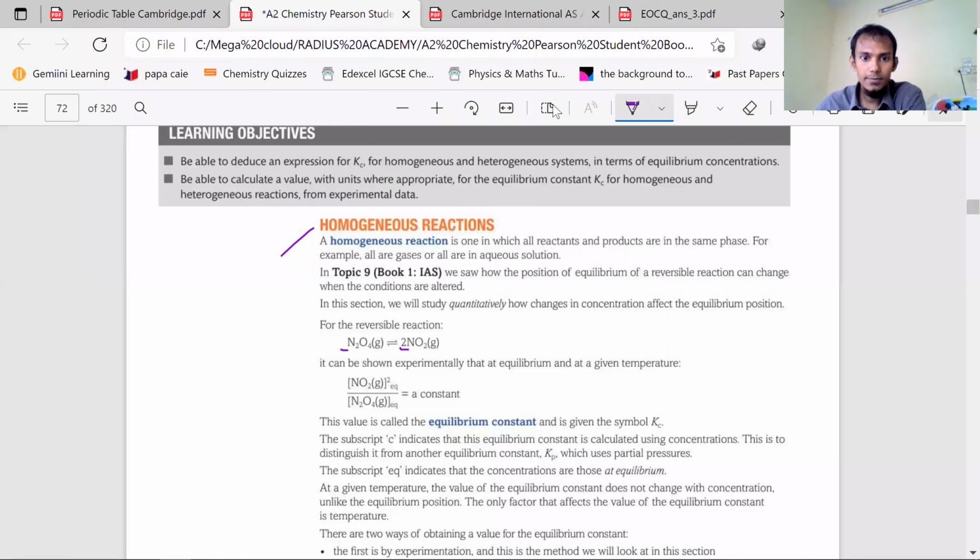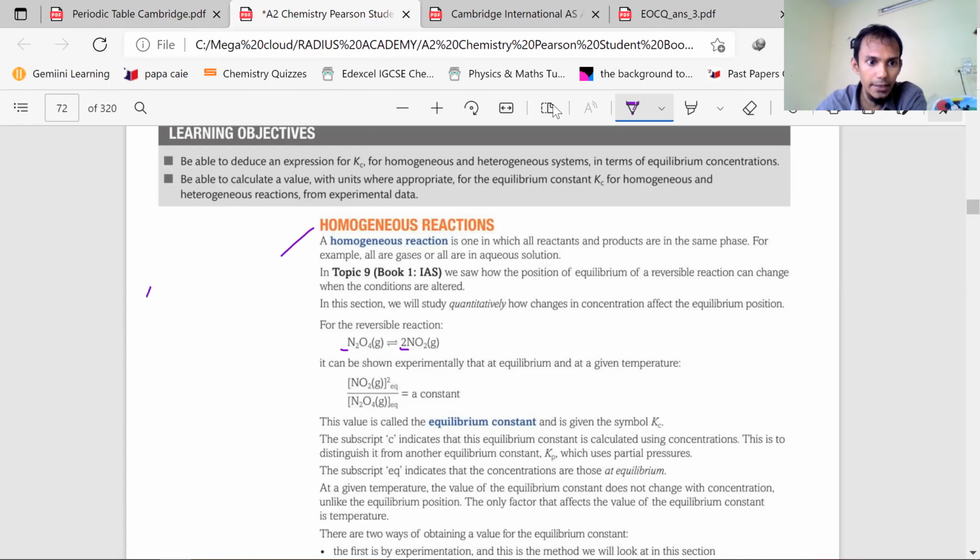So if a reaction is homogeneous, then all the products and reactants will be in a mathematical expression: the concentration of all the products raised to their individual number of moles as power, divided by the reactants. That's how it goes.